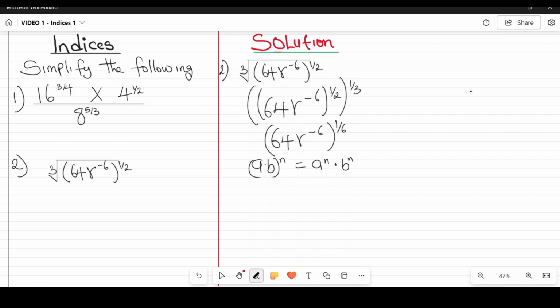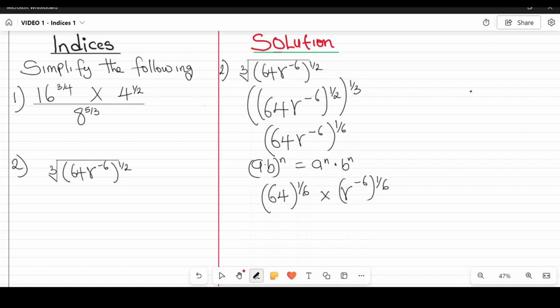So therefore, this will be 64 all raised to the power of 1 divided by 6, times r to the power of negative 6, all raised to the power of 1 divided by 6.